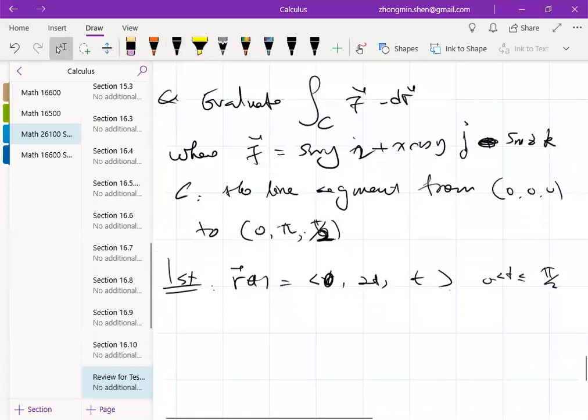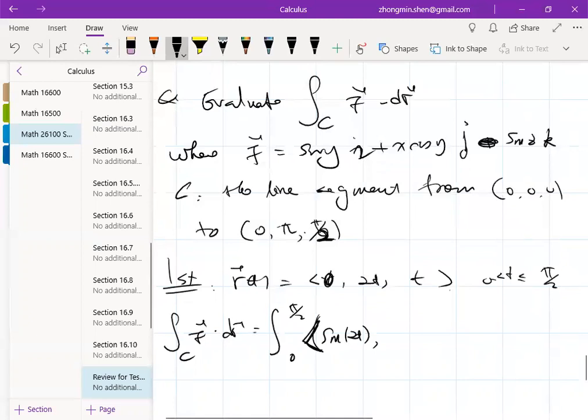Okay, so now the line integral is going to be the integral from 0 to half pi. What is F? Let me write down F. The first component is x sine y, which is 0, since x is 0.